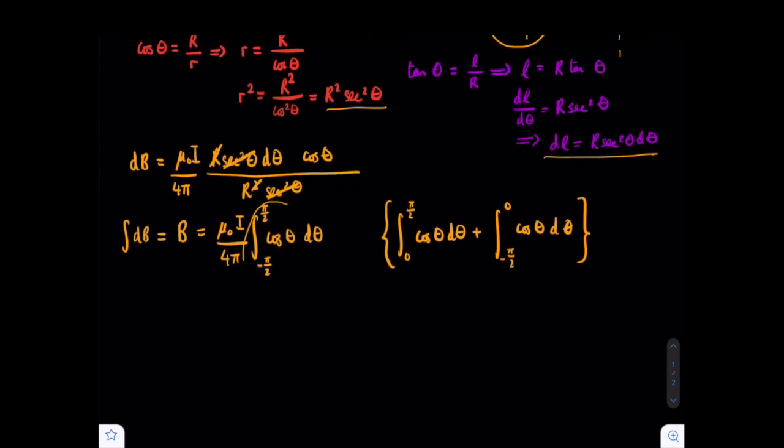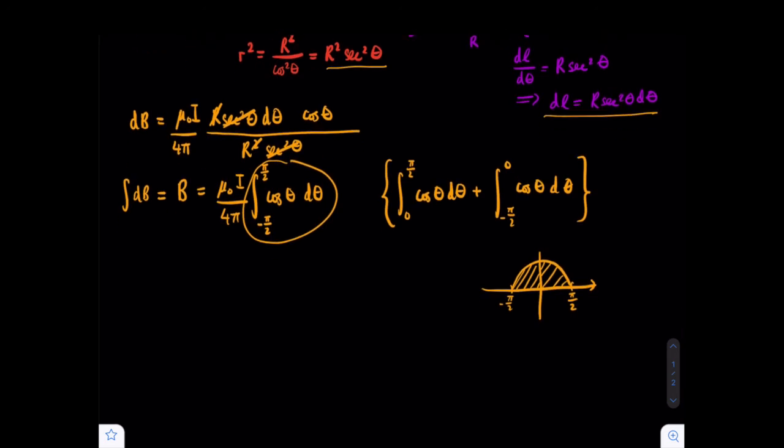But we can write this as this because of the function of cos, where the area from 0 to minus pi over 2 is the same as the area from 0 to pi over 2. And this is known as an even function.